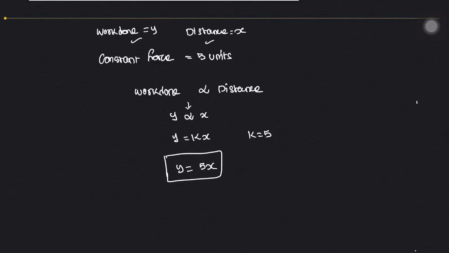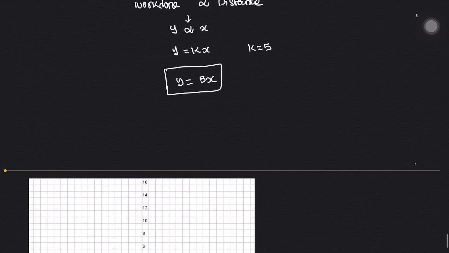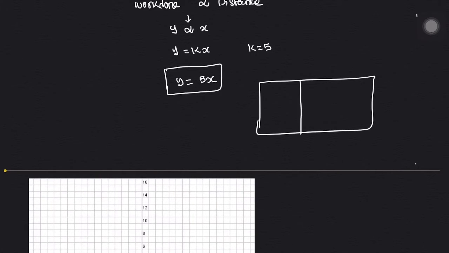Next, we need to draw a graph from this. I am fixing x and y, so y is equal to 5x. Then substitute the values. When x is equal to 0, 5 times 0 is 0, so y is also 0.